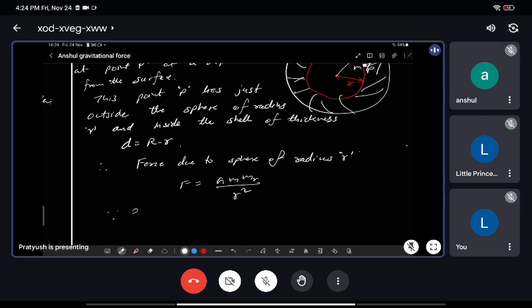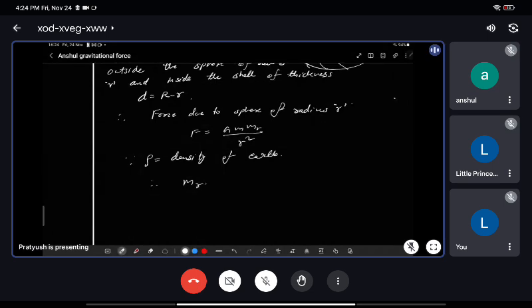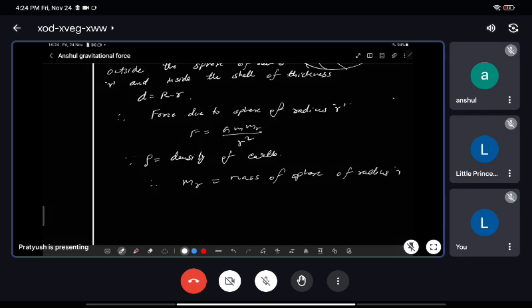Therefore, the mass of this sphere of radius small r will be equal to density into volume.